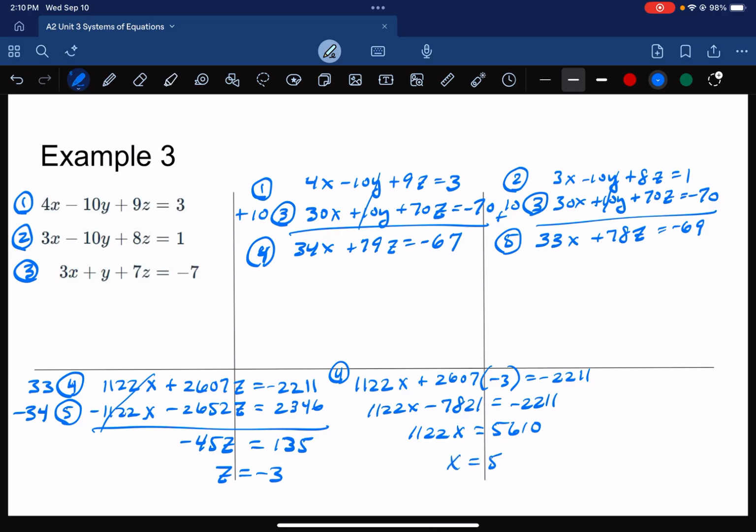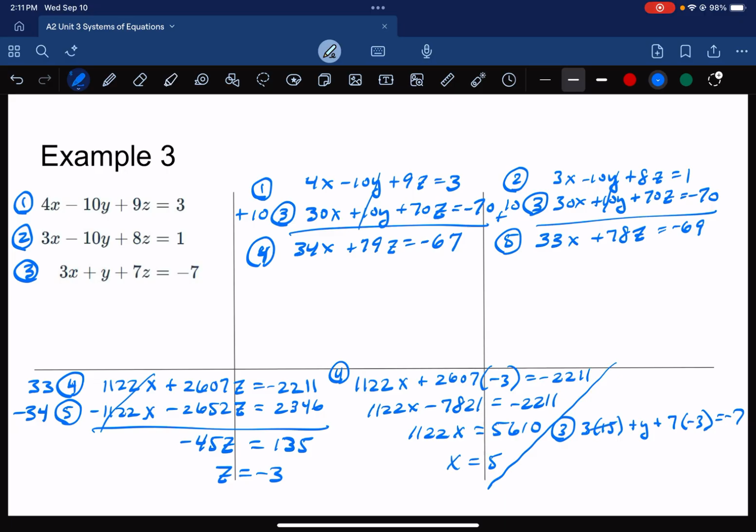This is looking good. And then we'll take the last equation here. So this is equation 3. 3 times 5 plus y plus 7 times negative 3 equals negative 7.